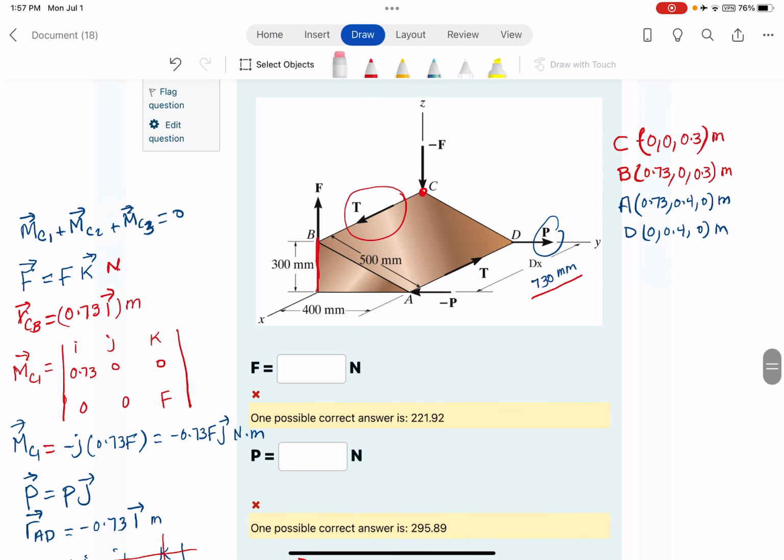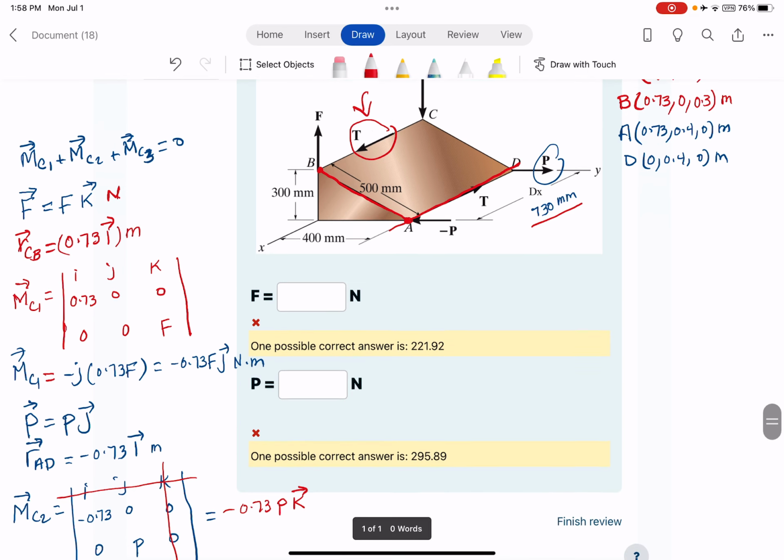I'm going to use this force, and this is the other force. I'm going to go from the line of action of the opposite force toward the line of action of this force. So I'm going to go toward this force.